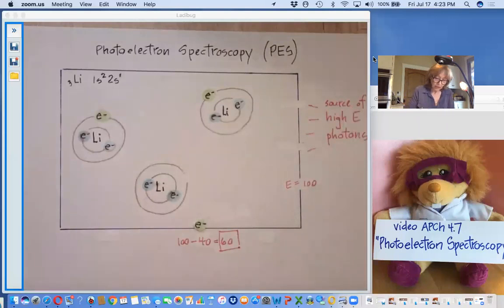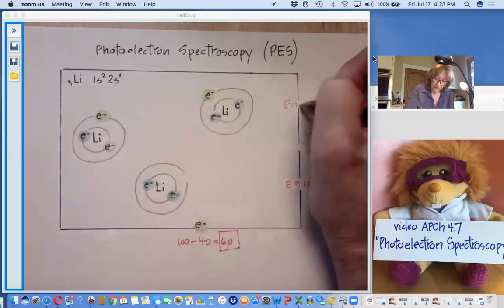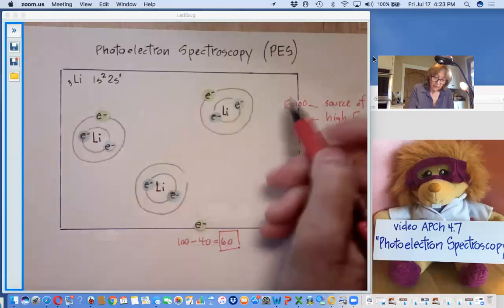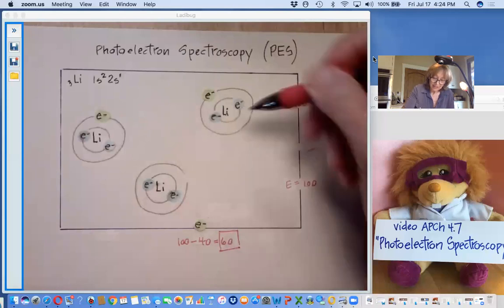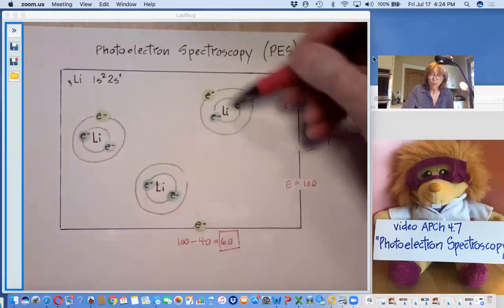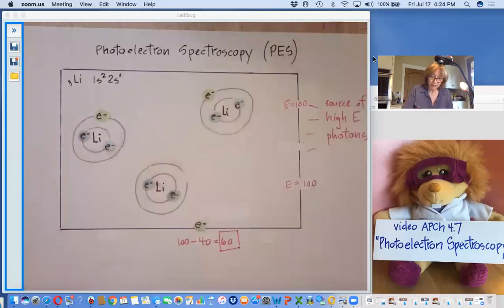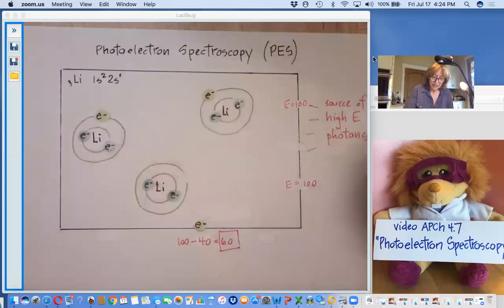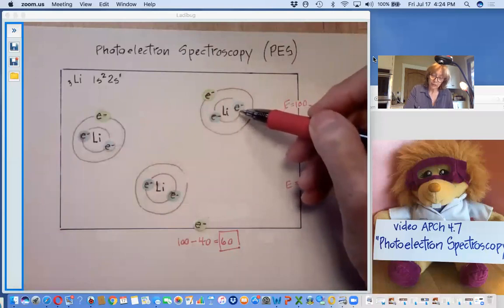Okay, here comes another photon, also has an energy value of 100. And as it zips along through the device, it happens randomly to hit, for this lithium atom, one of its inner electrons. This is totally random. These guys are so high powered, they can hit an easy to remove valence electron or a harder to remove inner electron.